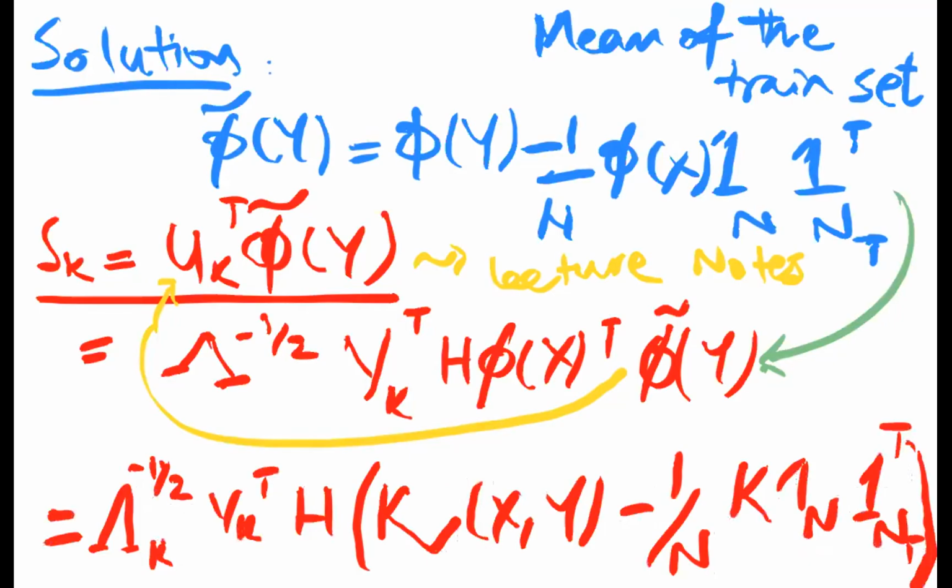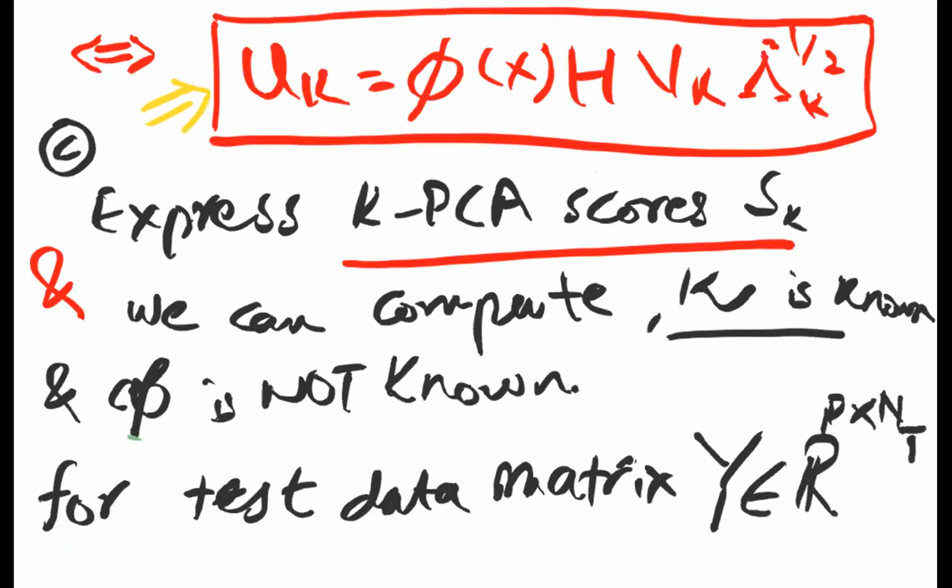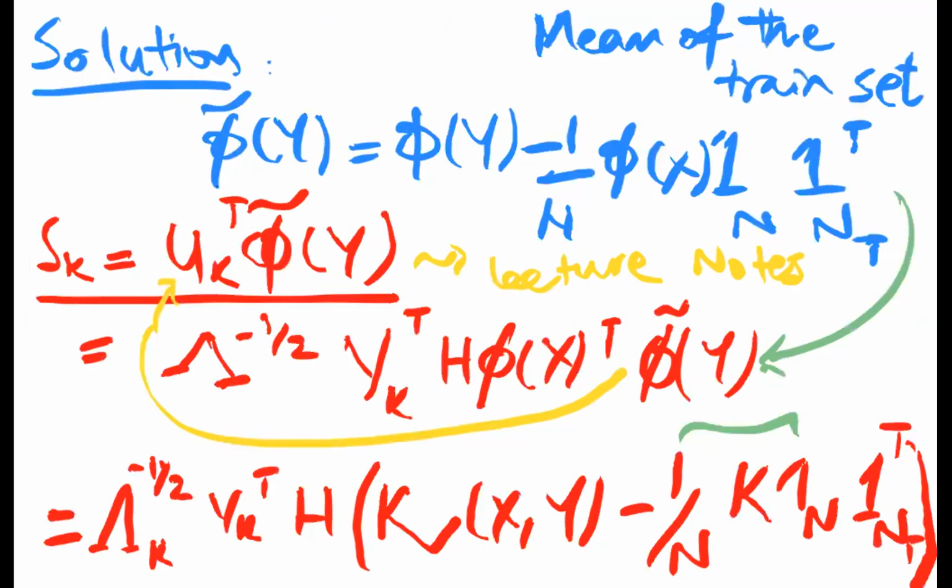If I simply use that expression here, you can see that there is no phi involved here, which was the purpose of this exercise, that you could calculate when phi is not known. So in this whole expression, the phi has vanished. Only the kappa has remained. So that's why we say in practice that we do not need to know the exact transformation function phi in order to calculate or solve the kernel PCA scores.